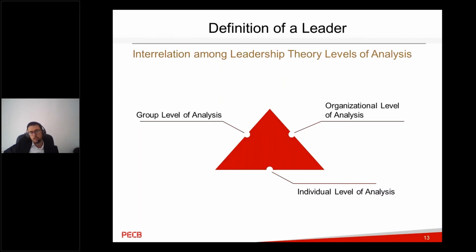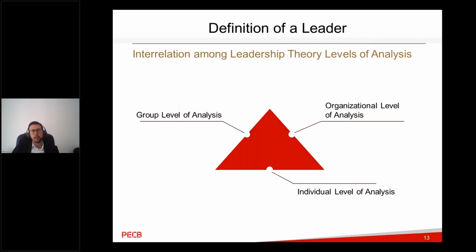This will not be the case in organizations that are struggling with identity, performance, or market penetration, for example. So in this sense, we are talking about three sides of the same coin: the base, that is the individuals, and the roof, that is the group and organizational level of analyzing the influence a leader has in an organization.